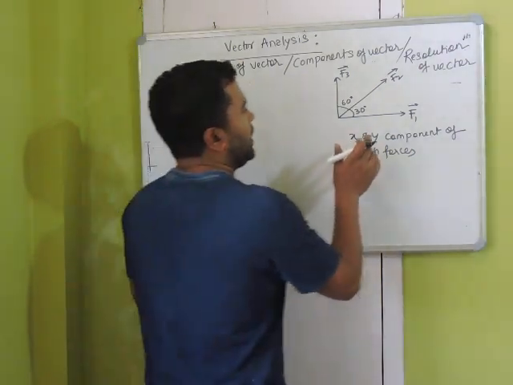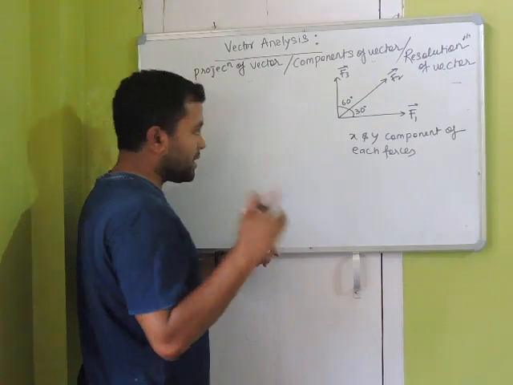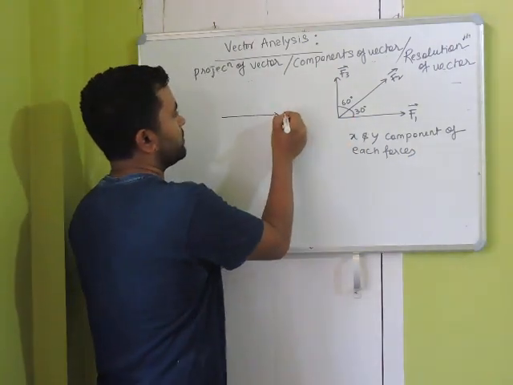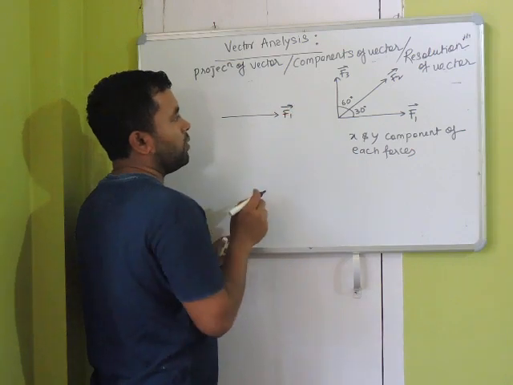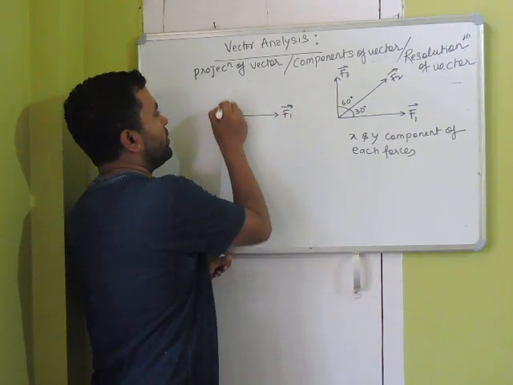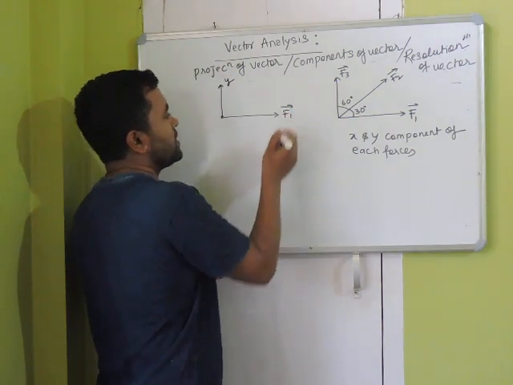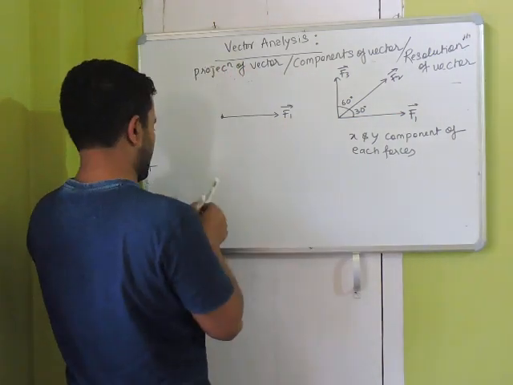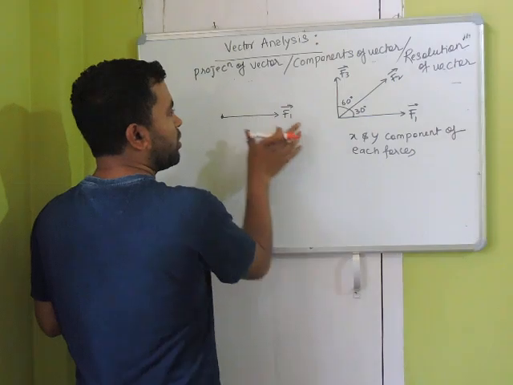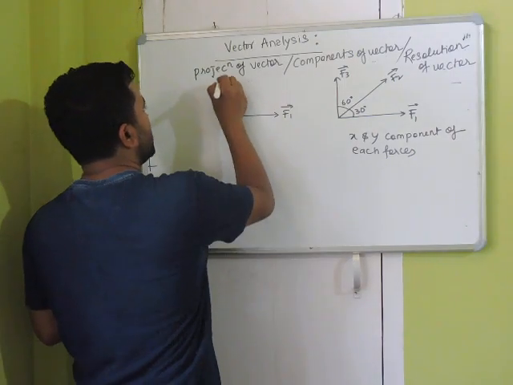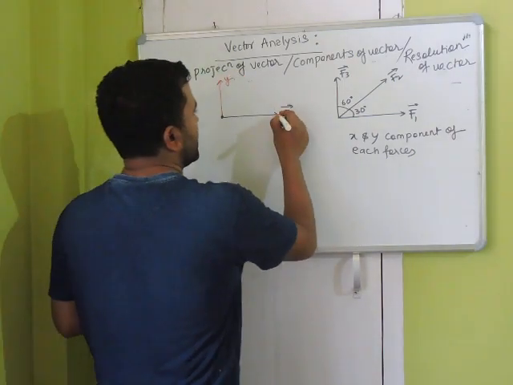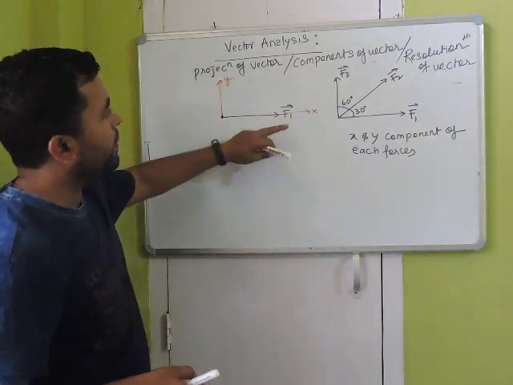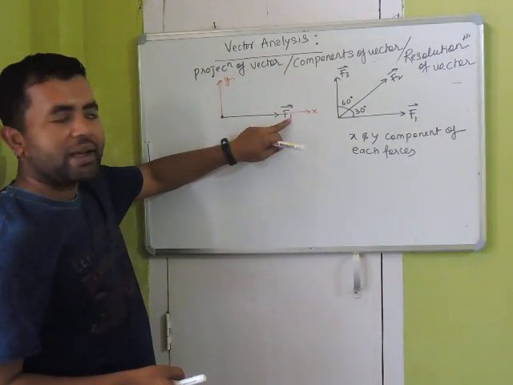Now since we have three vectors, let us take one at a time. Concentrate on F1 vector. Let me do it properly. So I want to find the component of F1, so what I will do, I will draw a y-axis and I will draw an x-axis. Now what angle is it making with the x-axis?